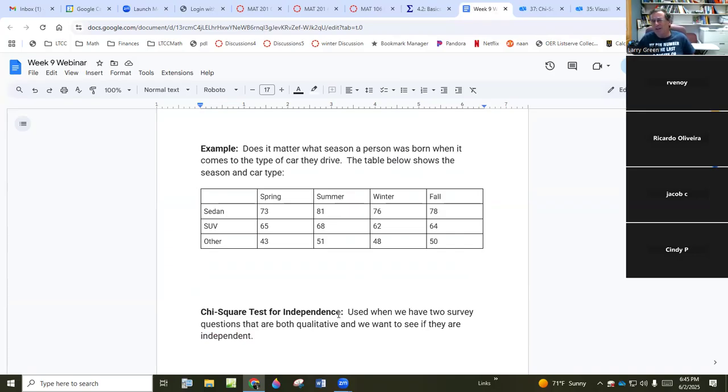In this chapter, I don't ask you to interpret the p-value. It's a little complicated. In this chapter, it's basically you're just doing the hypothesis test and stating the conclusion. Okay. I do want to give you one more thing that won't affect you at all in this class, but it might affect you after this class.